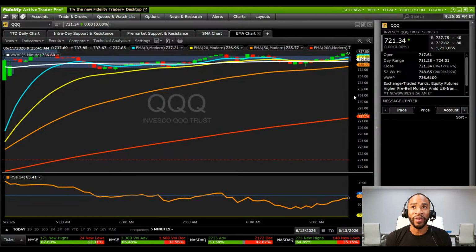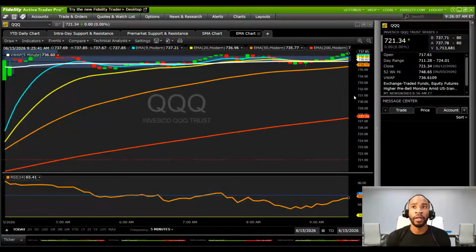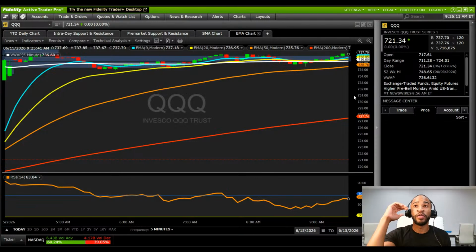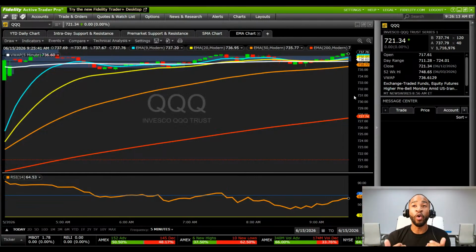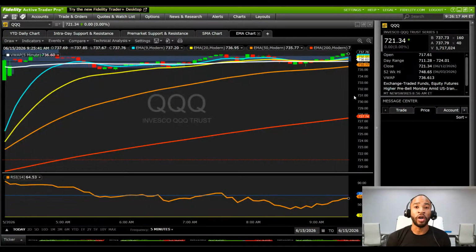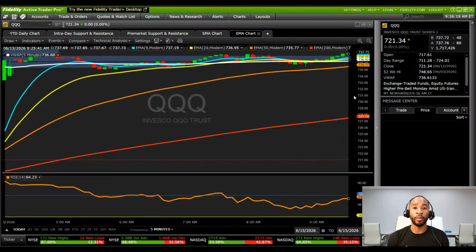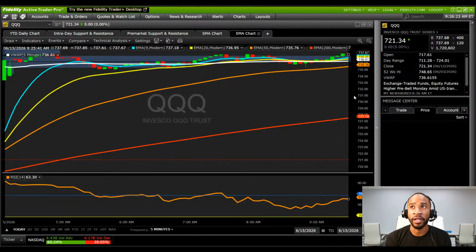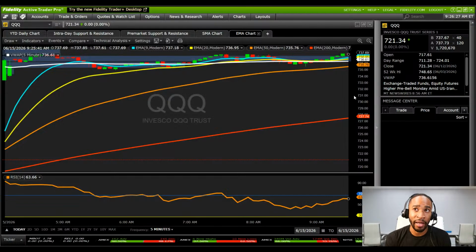And I stated that anytime we're trading above these EMAs on the 5-minute time frame, you want to look for a move towards the upside. Now, if we pull back and we're bouncing on the EMAs, you want to use caution, and you want to try your best not to focus on a move too early. And if we break below the EMAs, we can focus on a move towards the downside.